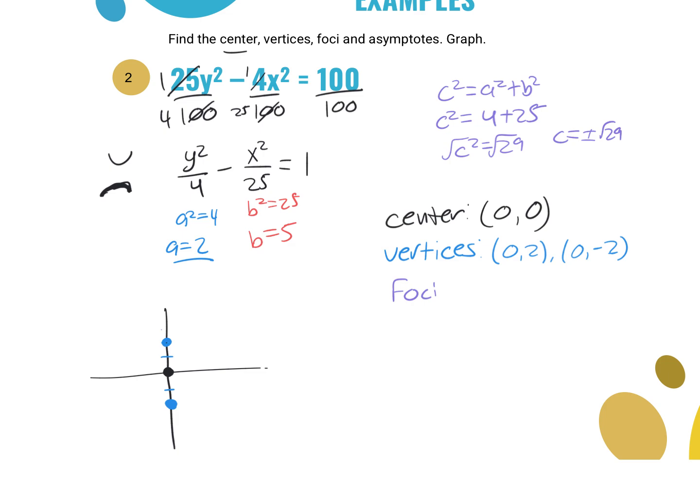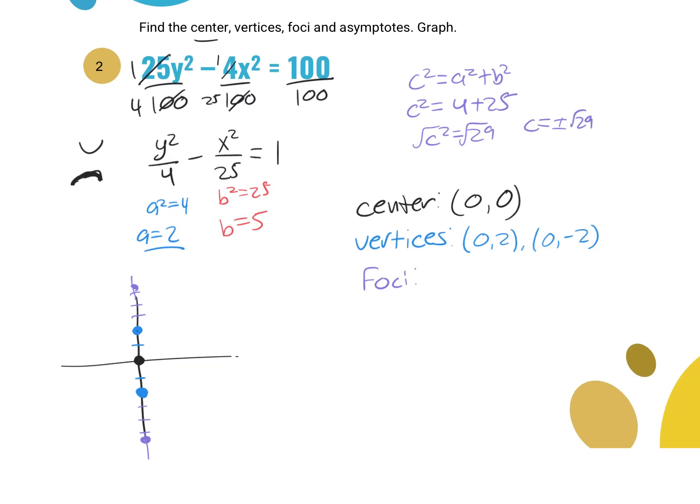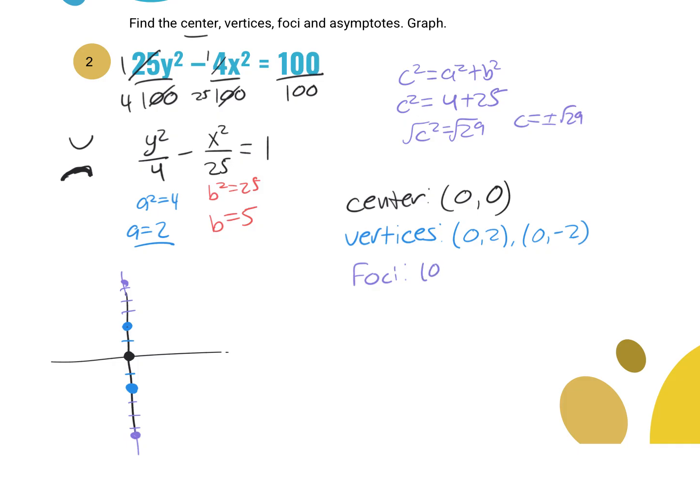So 1, 2, 3, 4, 5, and a little more, and then 1, 2, 3, 4, 5, and a little more. That means my foci are at (0, square root 29) and (0, negative square root 29). We also need our asymptotes.